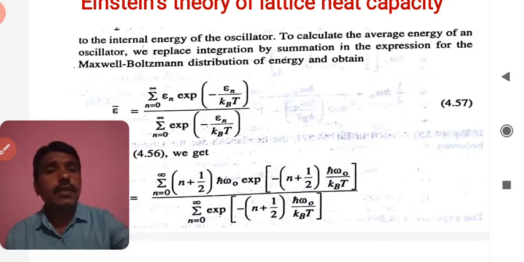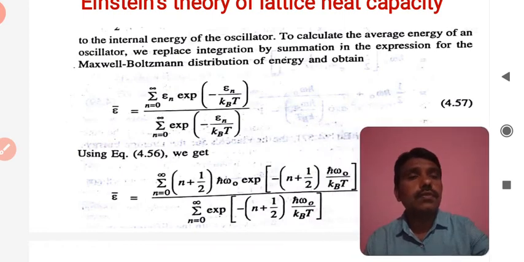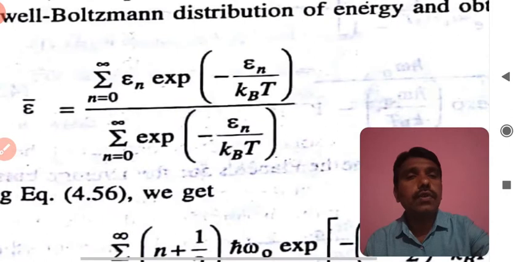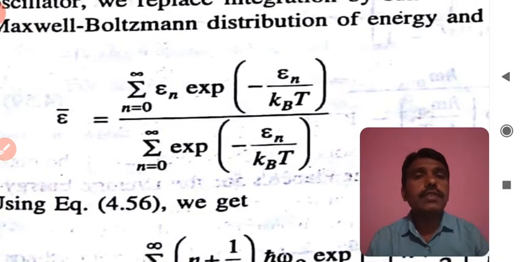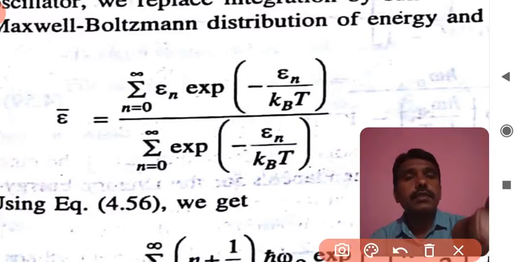A little bit I will shift myself here so that it is easy to understand. Now look at this case where I want to focus. This is the average energy by the Maxwell-Boltzmann distribution of energy, that's why epsilon bar is given here.